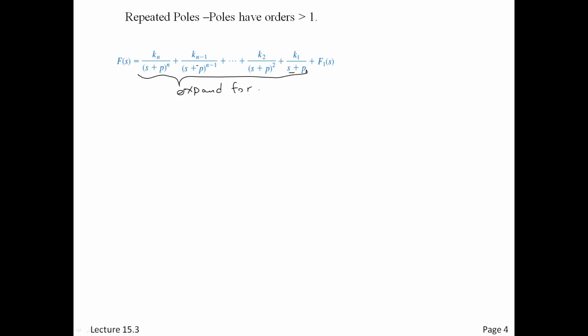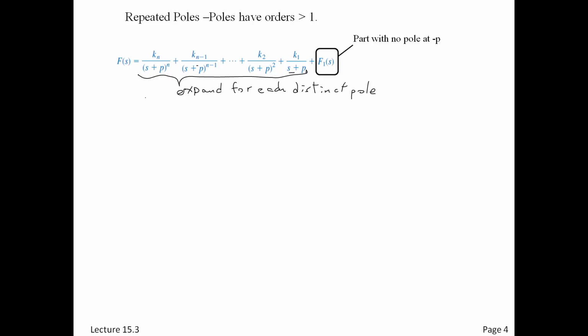for each distinct pole. Now, what do I mean by that? Well, there might have been a bunch of poles. I'm just talking here about how do I manage the repeated ones. And you can see there's a part here left over that I haven't dealt with, right?